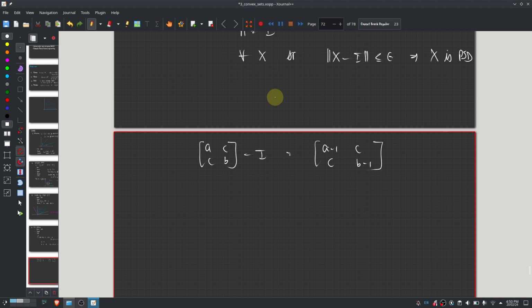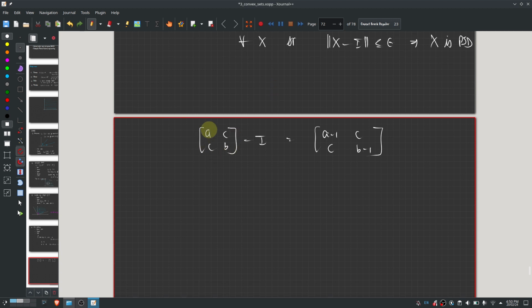My goal is to show that for any such matrix, as long as the norm of this, or in other words, A minus 1 the whole square plus B minus 1 the whole square plus 2C square, is less than or equal to some epsilon, let's say 0.1, this matrix is positive semi-definite.